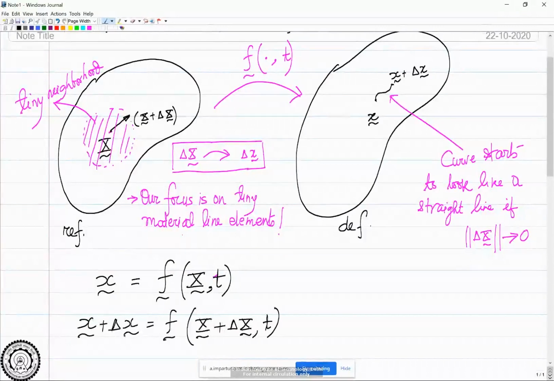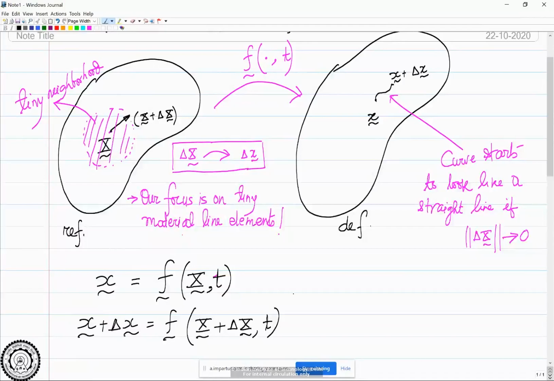It's just two different points getting mapped. Capital X getting mapped to small x, and capital X plus delta capital X getting mapped to small x plus delta small x. All right, very simple. And you have to recall that this f is a vector function. It has got three components because the point is lying in the three-dimensional space.